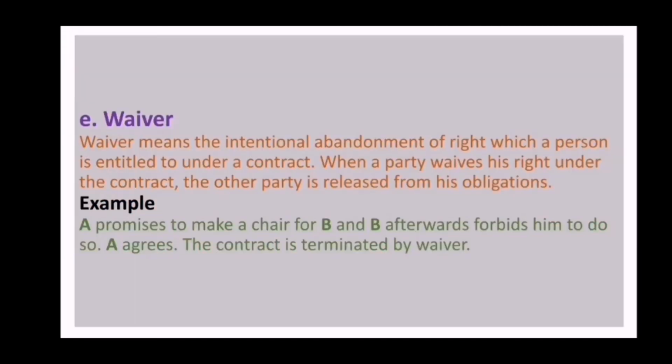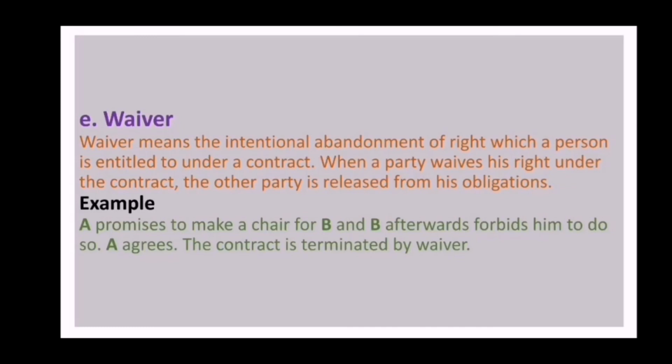Students, the last way of discharge by agreement is waiver. Waiver means the intentional abandonment of a right which a person is entitled to under a contract. When a party waives his right under the contract, the other party is released from his obligation. Here is an example for you.